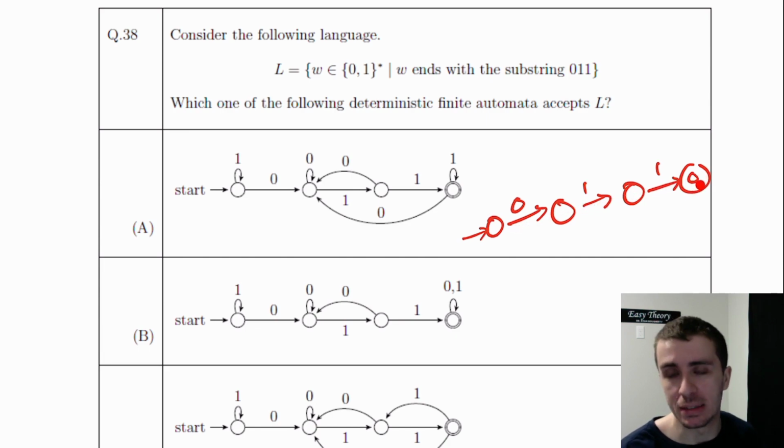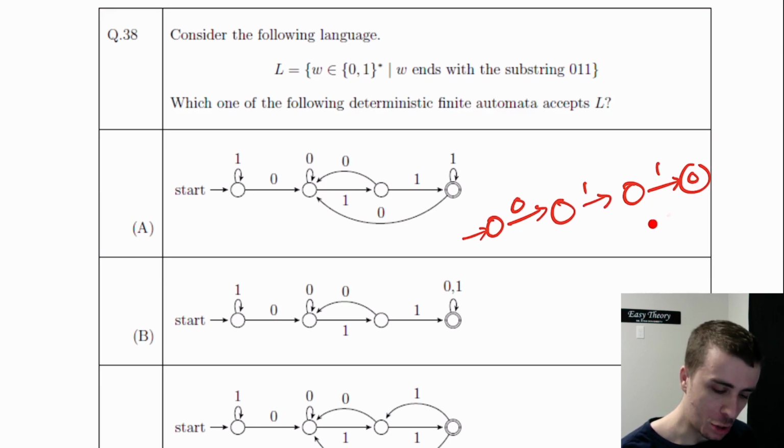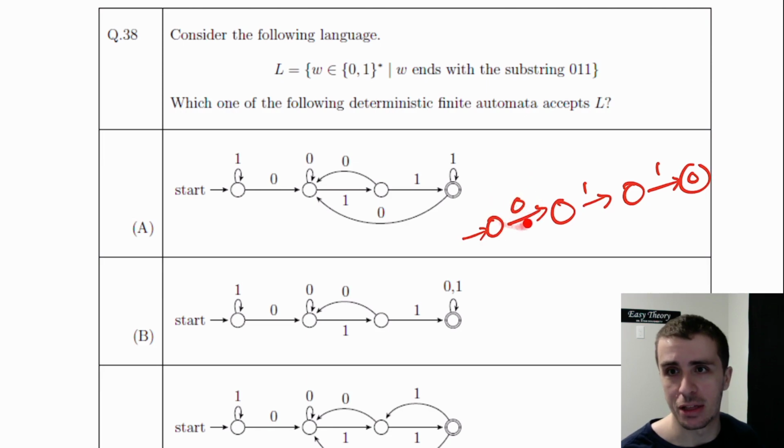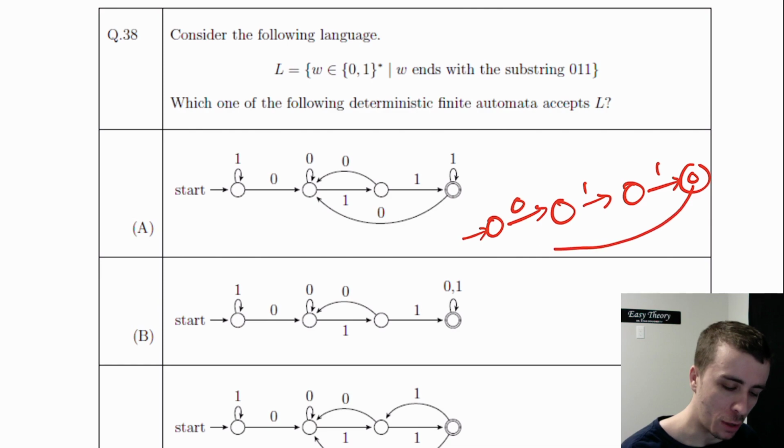And here in this final state, if we see a 1, that means we really ended in 0, 1, 1, 1, which means we didn't really end correctly. So what we need to do then is to go back to the beginning, I think. Yeah, because if we see a 1 here, then the 0 needed to be at the third to last character, which is not anymore. So effectively, we have to start over. So the 1 would have to go here.